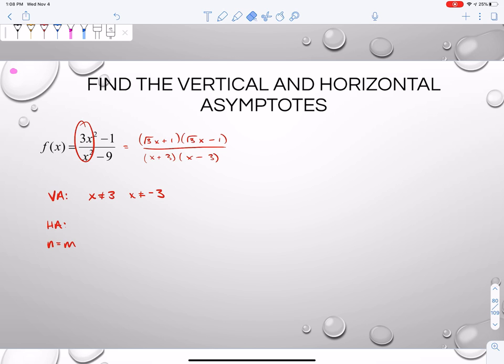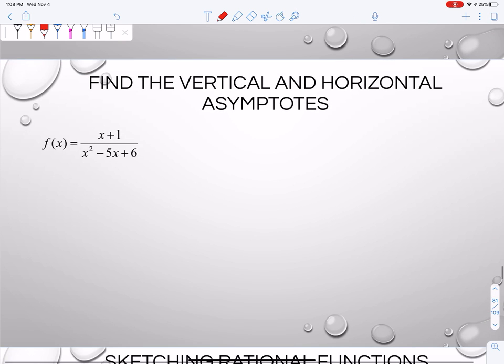The degree of both my numerator and denominator is 2, and it's going to be a ratio of my lead coefficients, so 3 over 1, or y cannot equal 3. Again, nothing simplified, nothing canceled, thus we have no holes in the graph, so we only have our 2 vertical and our 1 horizontal asymptotes here.